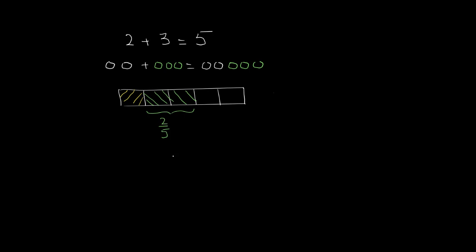This was 1/5. So now you can see, if I add 1/5 to 2/5, then I'm just going to count the number of fifths, and I have 1, 2, 3, right? So I'm going to get the answer, which is equal to 3/5.